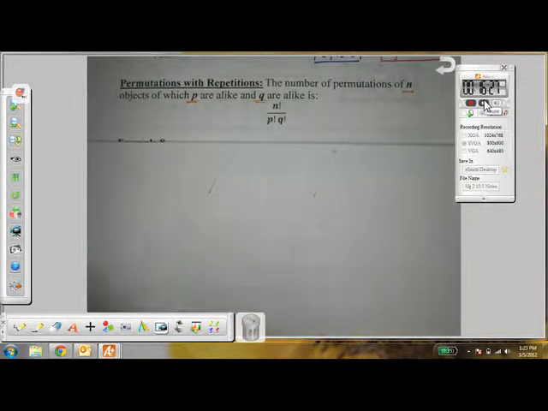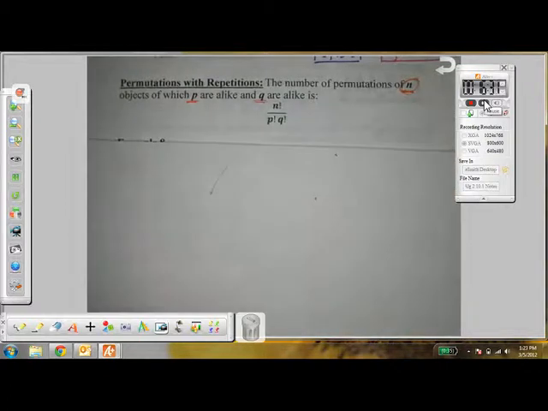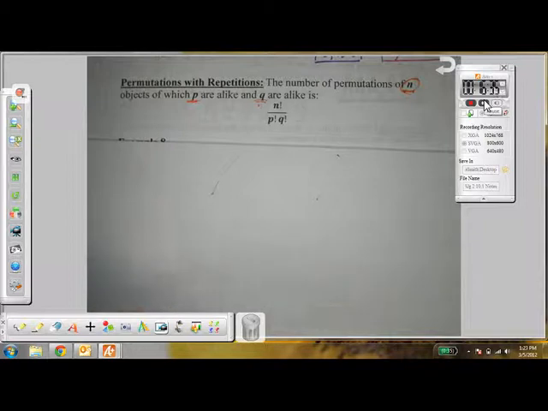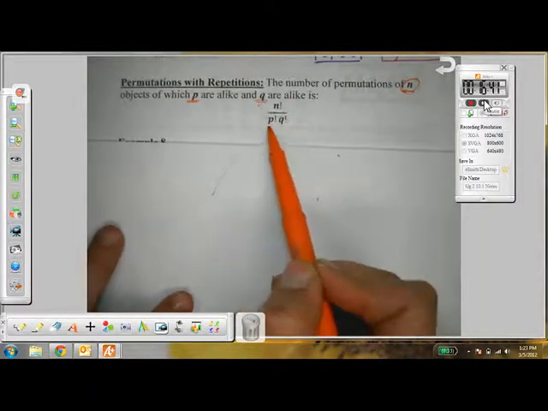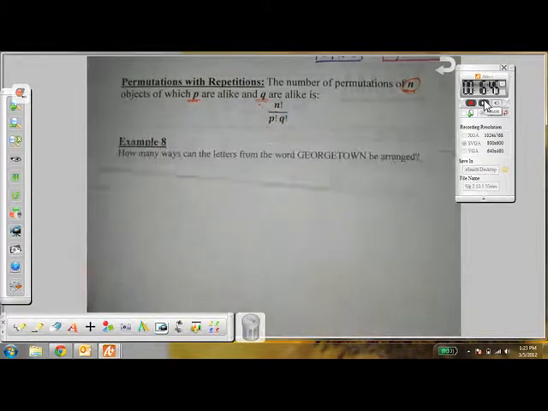N is going to be the number of choices we have total. How many do we have to choose from? P, Q, and any other numbers are how many times a certain choice is repeated. So that's going to be n factorial over p factorial, q factorial. Okay, let's look at example 8.